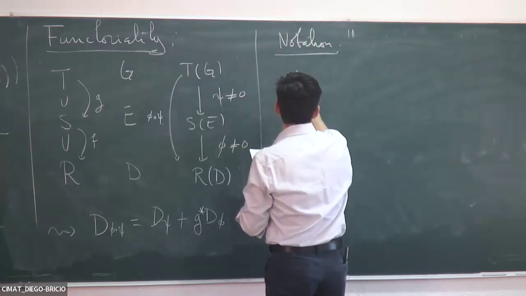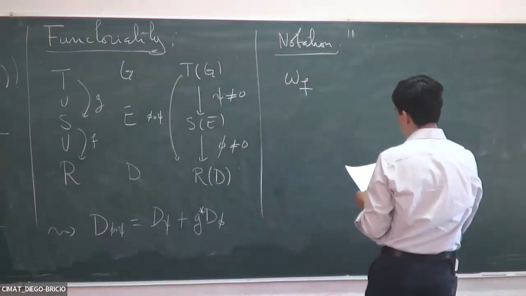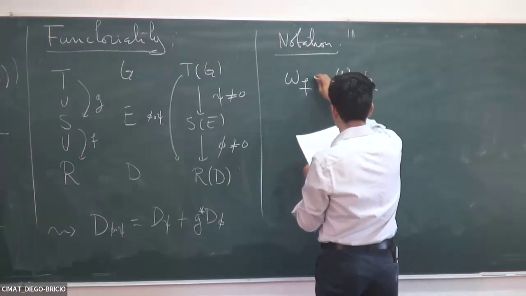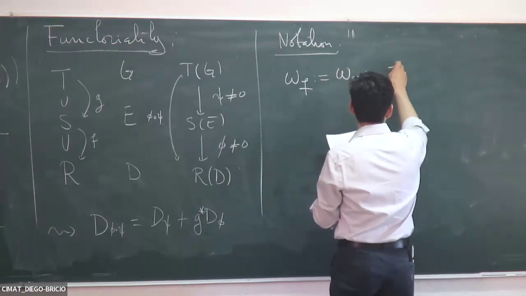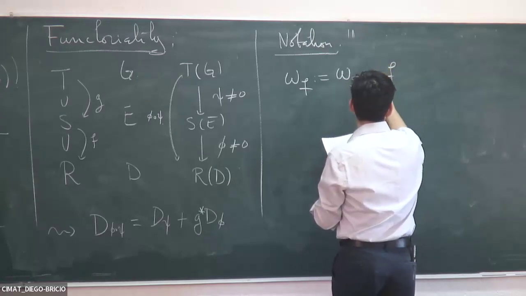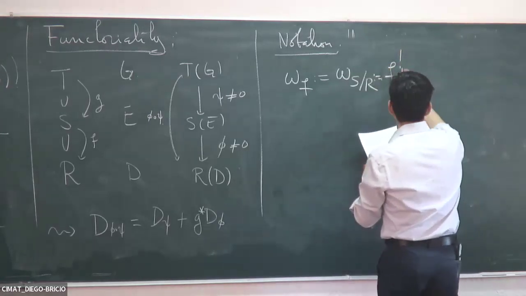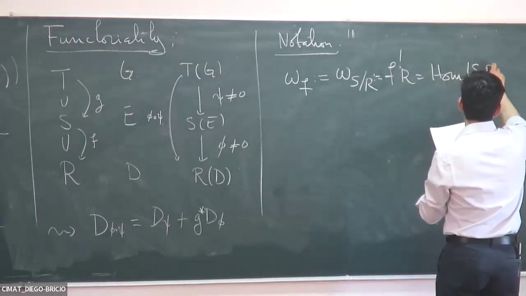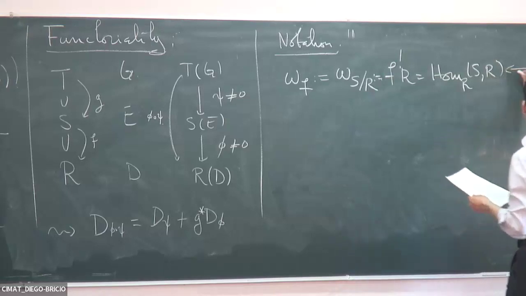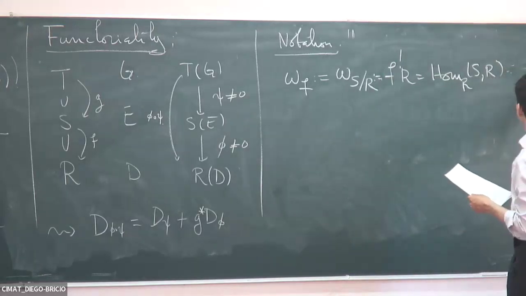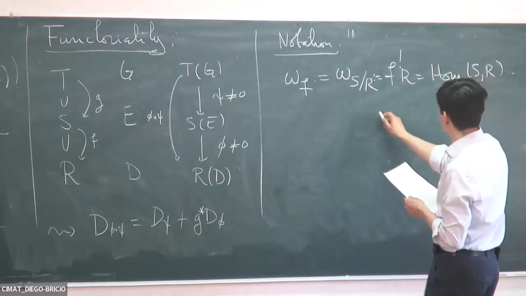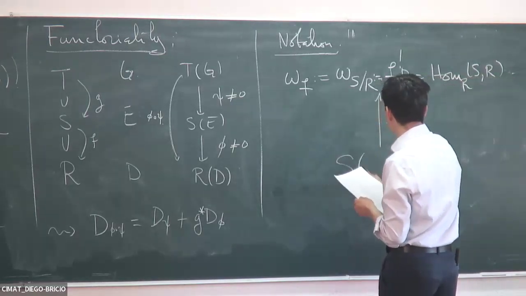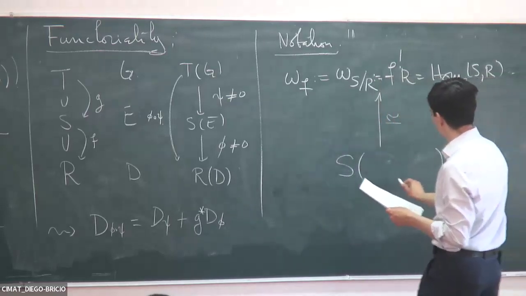We define the relative canonical module of F, or we can also write omega of S over R, simply as the upper star of R, which is R is comma R. And actually, what justifies the name is that we just saw that there is an isomorphism between this and S, and what goes here?